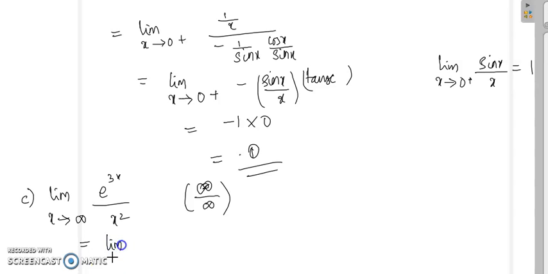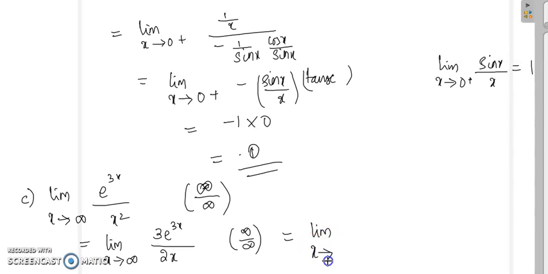So applying the L'Hospital rule, you will get limit x tends to infinity 3 e raised to 3x by 2x. Again you can see that this limit, e raised to 3x by x, is again in infinity by infinity form, so you can again apply the L'Hospital rule.